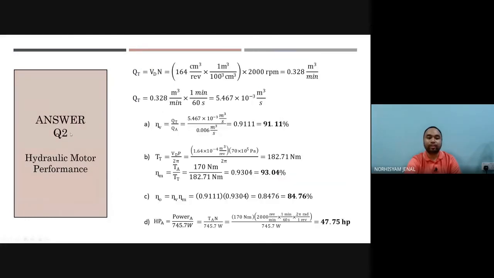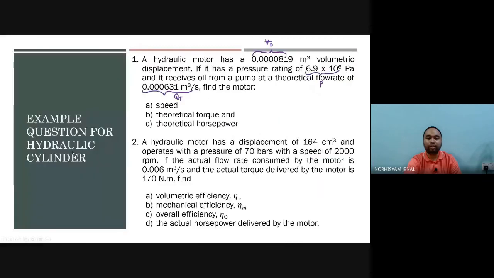Alright, so question number 2 is on a hydraulic motor that has a displacement of 164 cm cube. When you talk about displacement, you should know this is about VD, and it is in centimeter cube. It does not mean that we don't have per revolution, so you need to know this is cm cube per revolution.